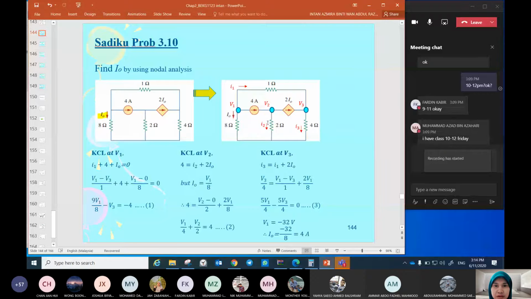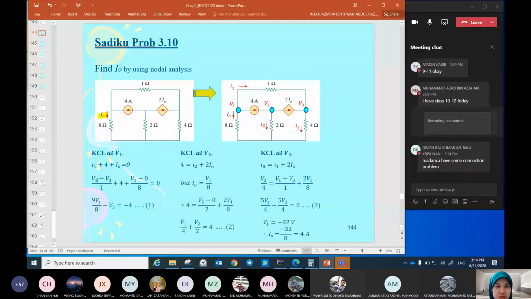We have I3 is equal to 2I0 plus I1. I3 is equal to V3 over 4. I1 we found already: V1 minus V3 over 1, plus 2 I0, which is V1 over 8.